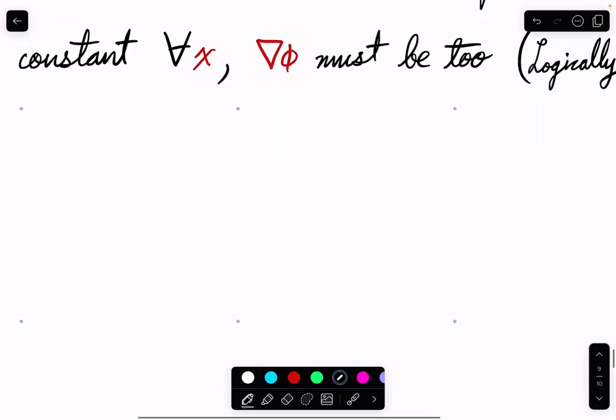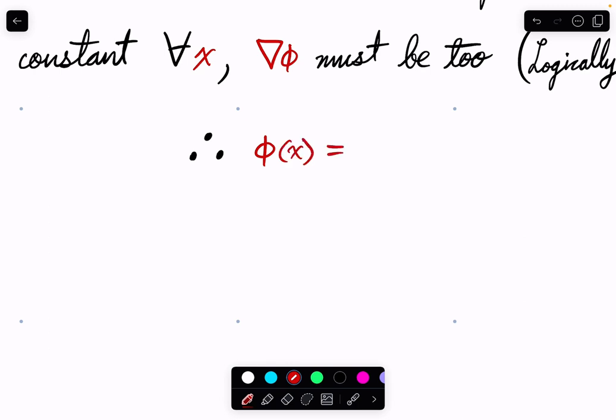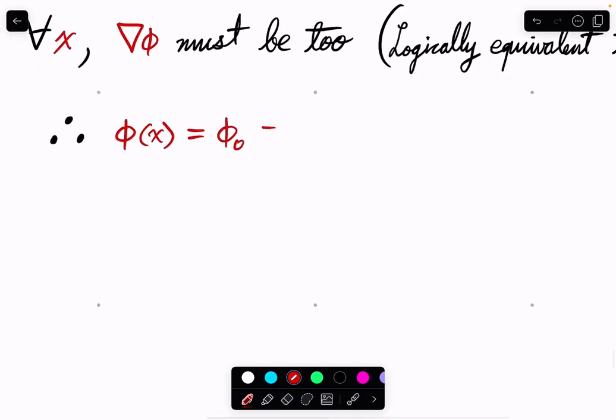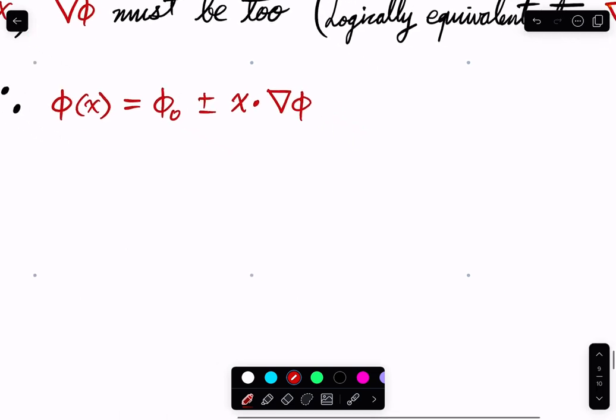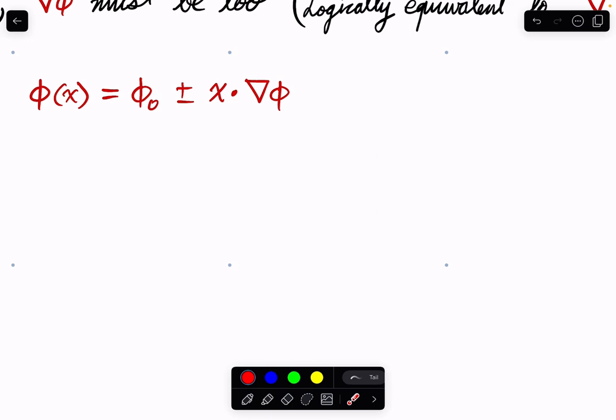So you can say, therefore, phi, which you can call phi of x, is equal to some constant phi naught, plus or minus, the sign isn't super important, x, which is a 4 vector, dot the gradient of phi, where these are both real 4 vectors, because phi is a pure scalar, like a real number.